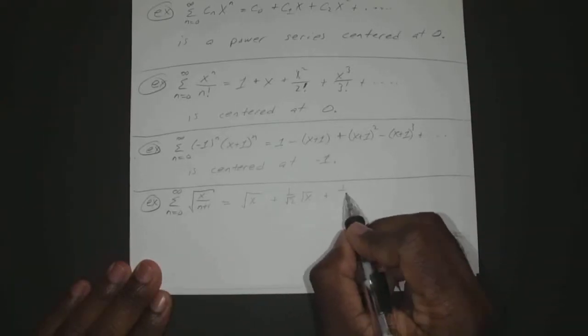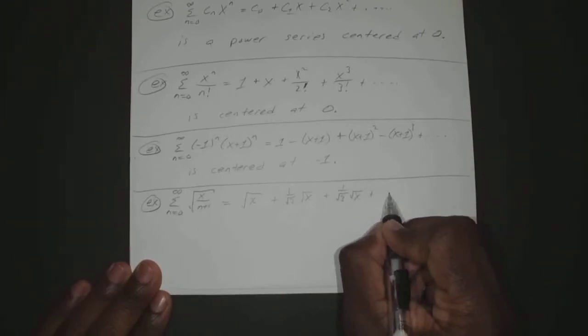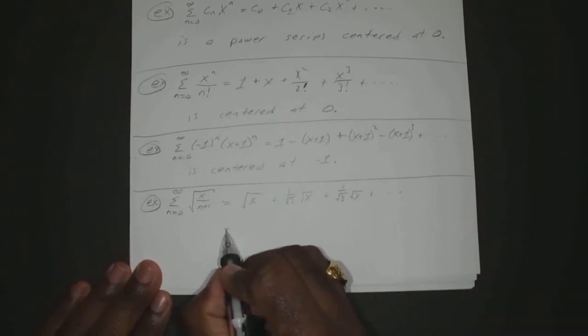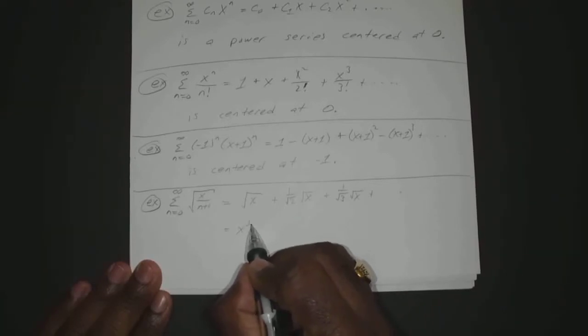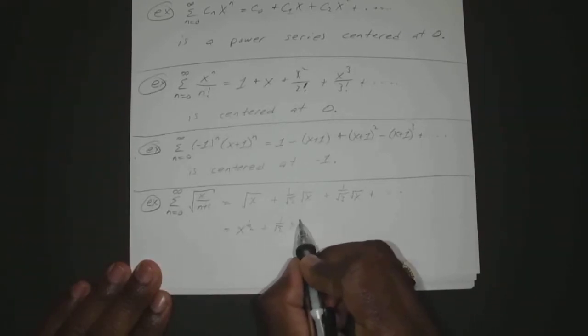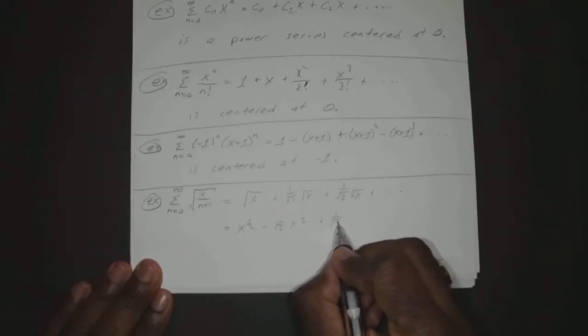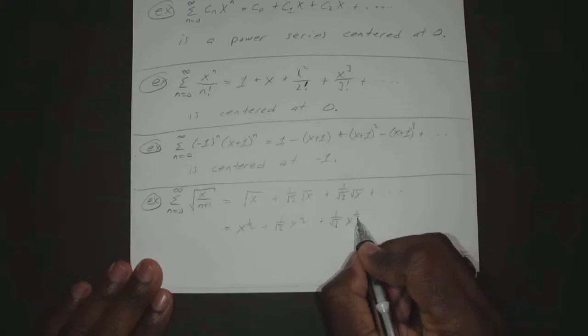If you plug in n equals 2, 1 over square root of 3 times square root of x, and it keeps on going. So if you rewrote that as x to the 1/2 plus 1 over square root of 2 x to the 1/2 plus 1 over square root of 3 x to the 1/2, and it keeps on going, this is actually not a power series. Really for two reasons.